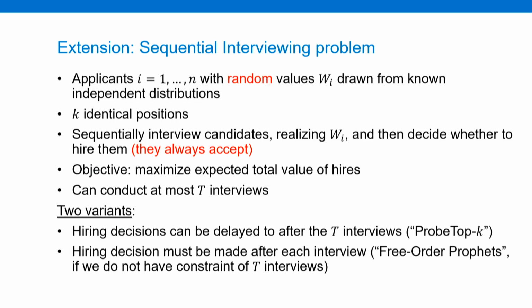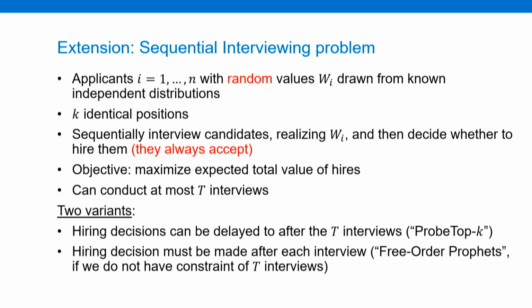So there are two variants of this problem. You might have wondered this already: do I have to make hiring decisions right away? These are called different things in the literature. If I can wait until the end of my T interviews and hire the K highest realizations ex post, this is called the probe top K problem.